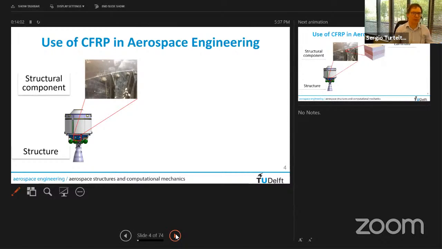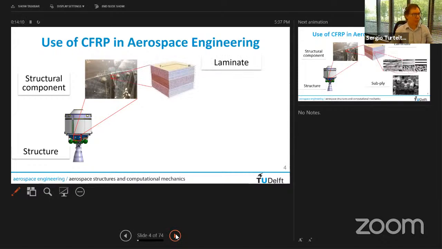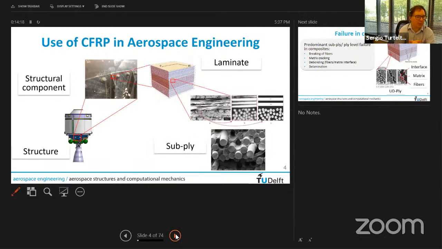And nowadays, a lot of these structural components are made out of composite materials. So when you start to look at the different parts in the rocket, you would find some composite. And as many of you may know, the composite is typically a laminate. In the laminate, as you zoom in even further, you would find individual fibers which are oriented in different directions at the level of the ply.